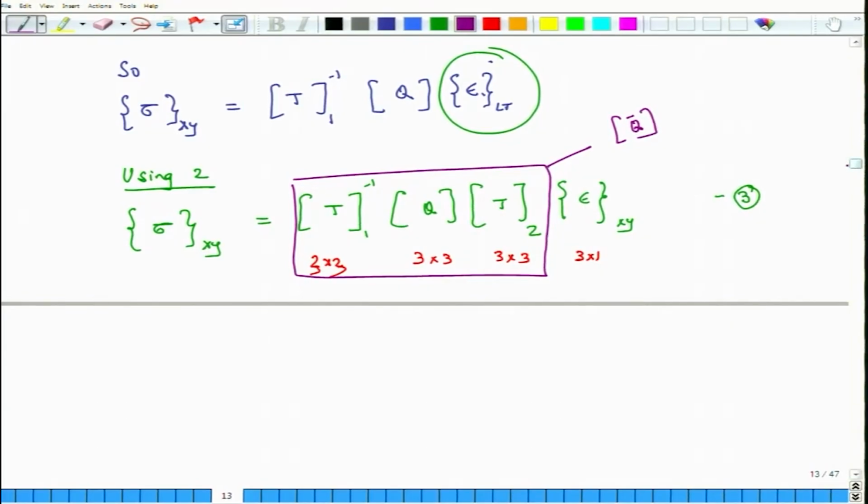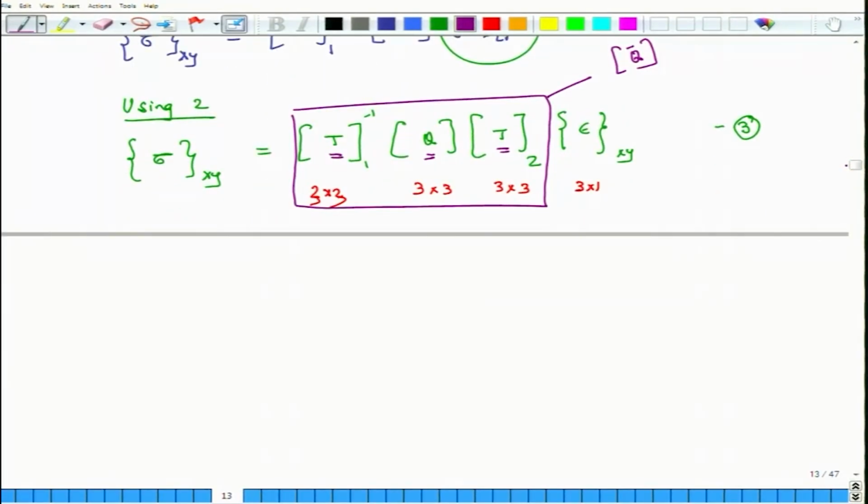Okay. I know how to calculate T1 inverse, I know how to calculate T2, I already know how to calculate Q from engineering constants. So, if the material properties are known and if the direction of x axis with respect to L axis is known, then I know all the elements of all these 3 matrices and I can calculate the Q bar matrix.